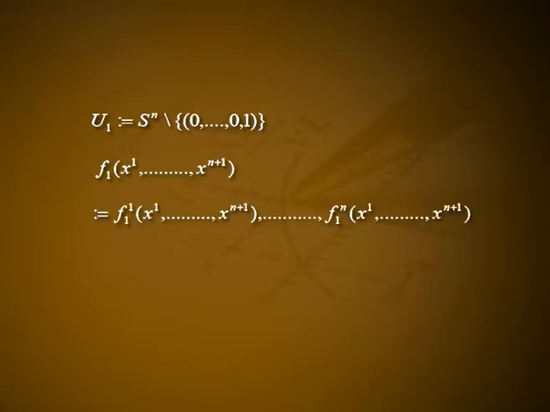On U1 = S^n minus the set {(0, 0, ..., 0, 1)}, we put f1(x1, ..., x_{n+1}) = (f1^1(x1, ..., x_{n+1}), ..., f1^n(x1, ..., x_{n+1})), which is equal to (x1/(1 - x_{n+1}), ..., x_n/(1 - x_{n+1})).